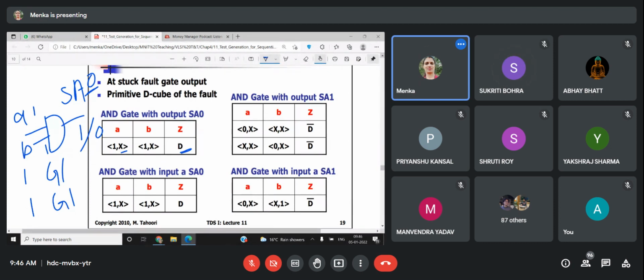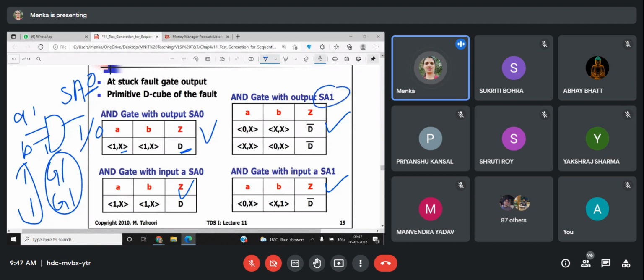Likewise, these are the other categories where you can just put the input sets and then you can get the fault propagated to the output. So here you can have multiple inputs, like 1 1 is also one set, g1 g1 is also one set in this case as well.